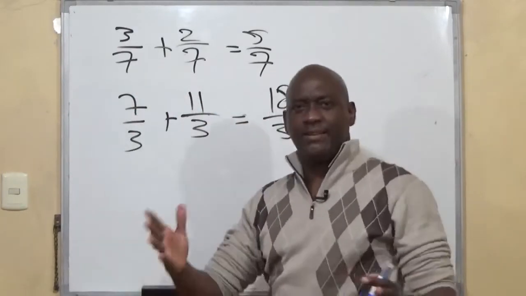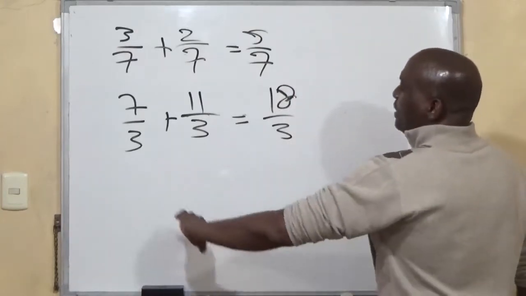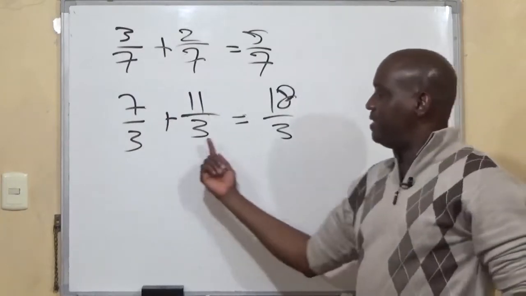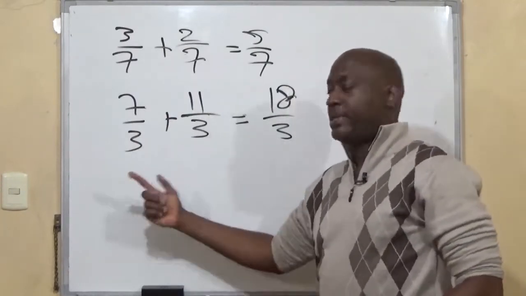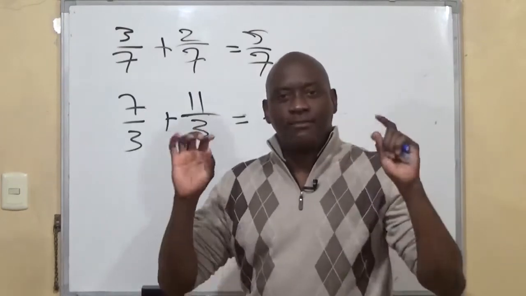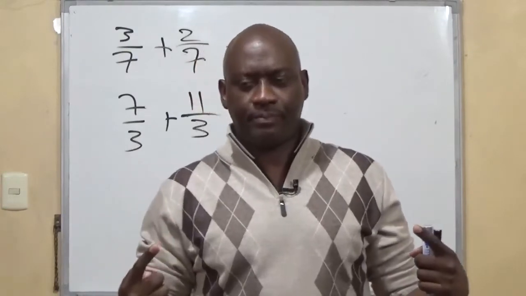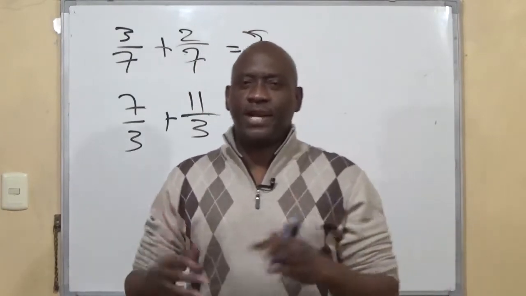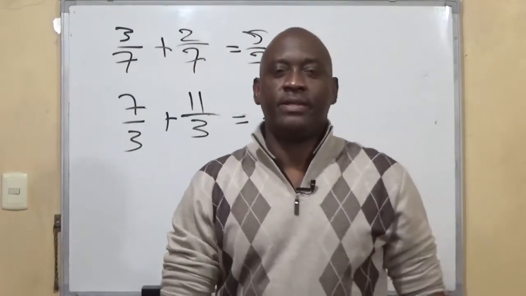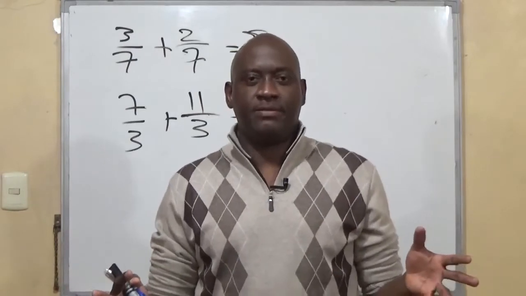We're just Englishifying the maths a little bit. We could say that we have the 7 and the 11 in the same denomination because the denominators are the same. So anytime you have two fractions to add and the denominators are the same, in other words, the fractions are given in the same denomination, then you just add the numerators and the problem is solved.